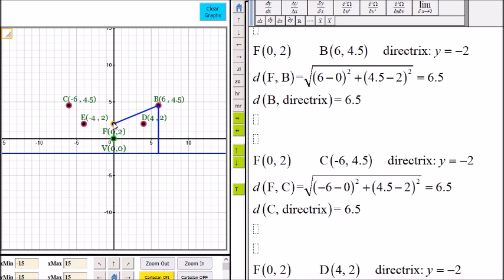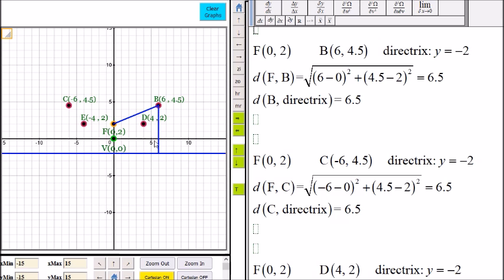So the distance from here to here will be the square root of 6 minus 0 squared plus 4.5 minus 2 squared, and we get 6.5. The distance from point B to the x-axis is 4.5, and the distance from the x-axis to the directrix is 2.